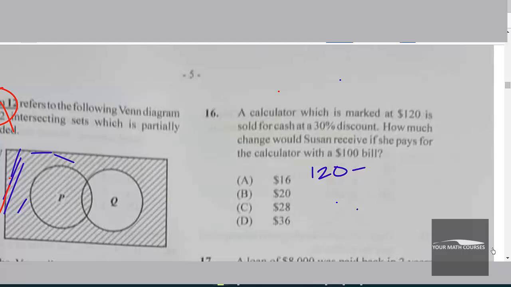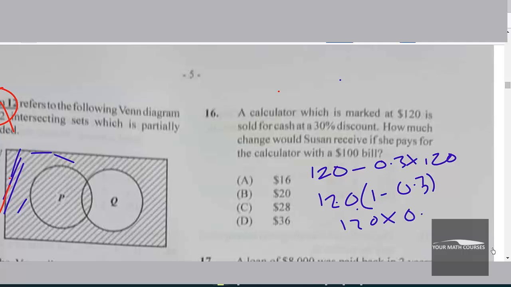So 30% is 0.3. Now this is the same as 120 times 1 minus 0.3, and this is the same as 120 times 0.7. And what would that give us?